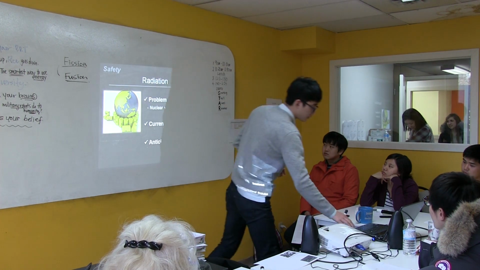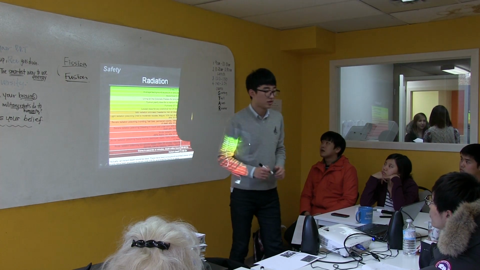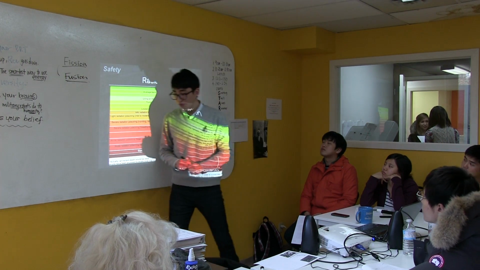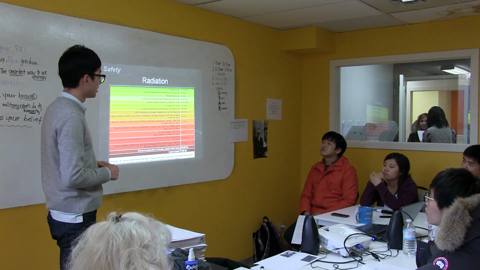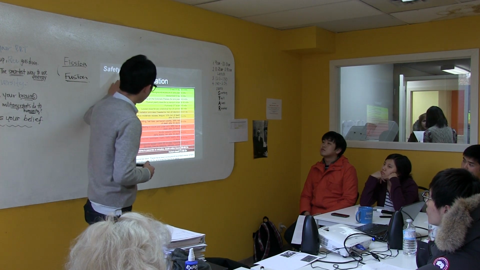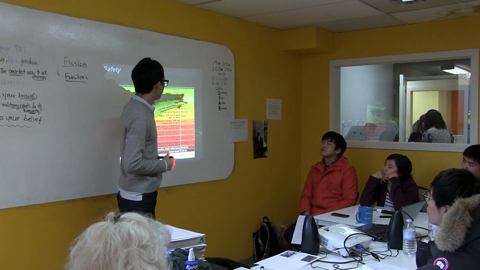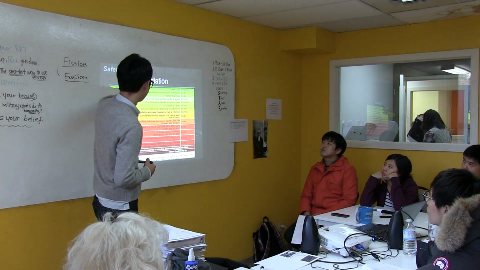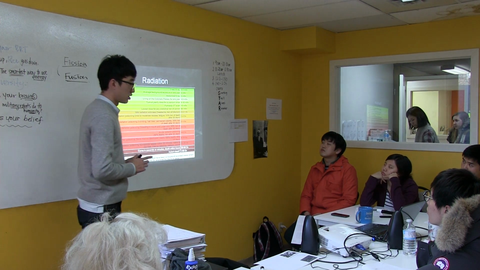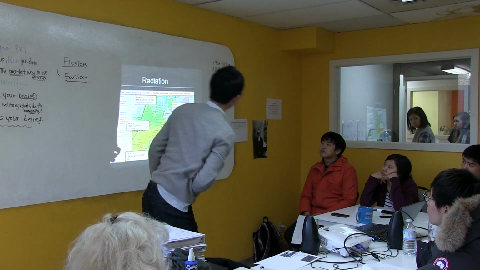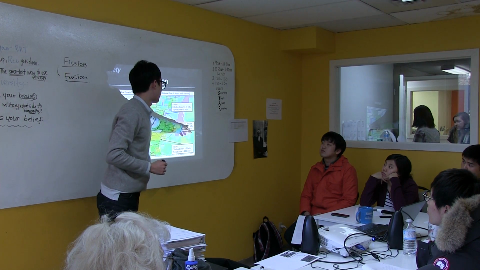So, it shows how dangerous radiation is. In that table, you can see that 3 millisievert is the figure for average background exposure in 1 year. And in Fukushima, you can see that the maximum dose is at 80 kilometers.